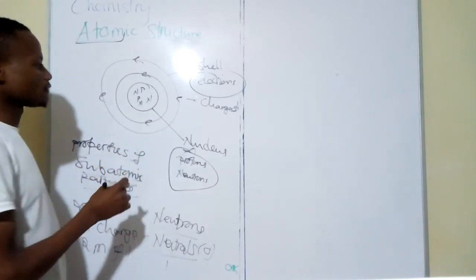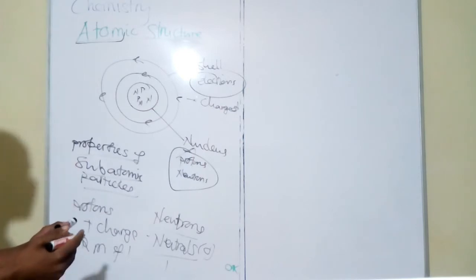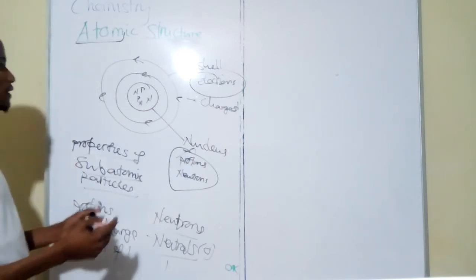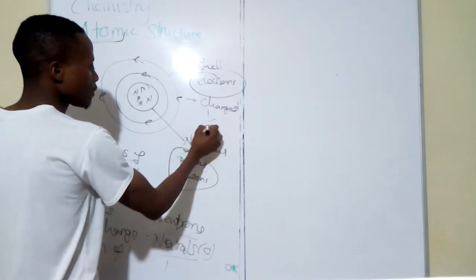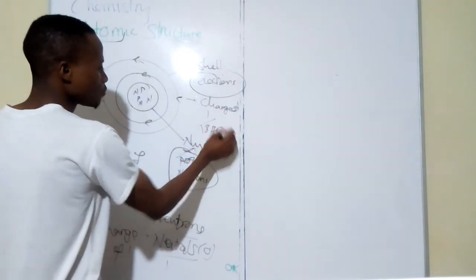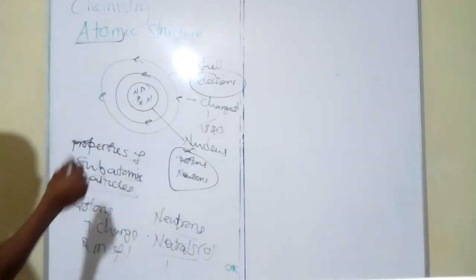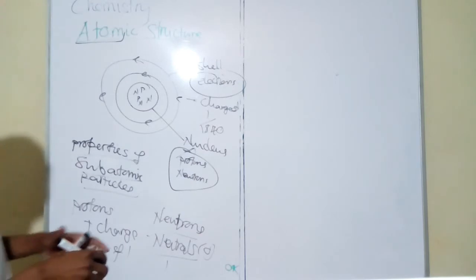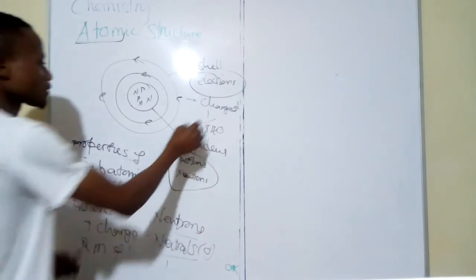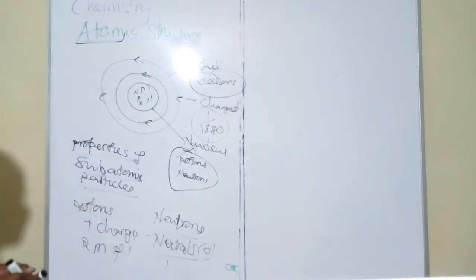If you look at other topics like radiations, the beta particle, they say it has 0, but its mass is 1 over 1840, which is nearly 0 if you divide 1 by 1840 to give you 0.00 something. So that is nearly 0. But the mass of one electron is 1 over 1840.